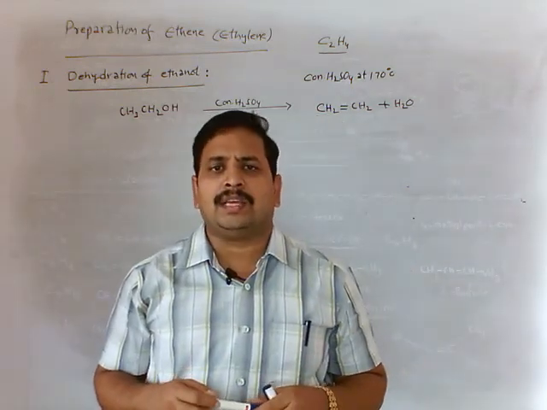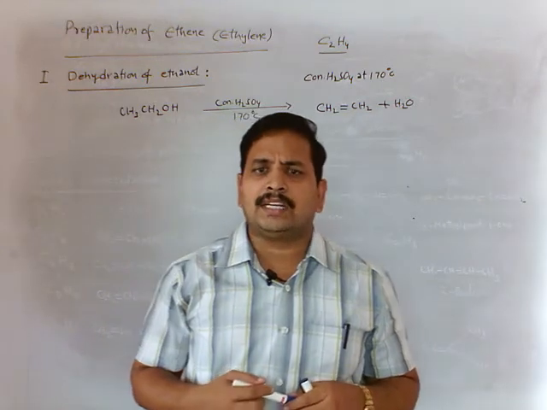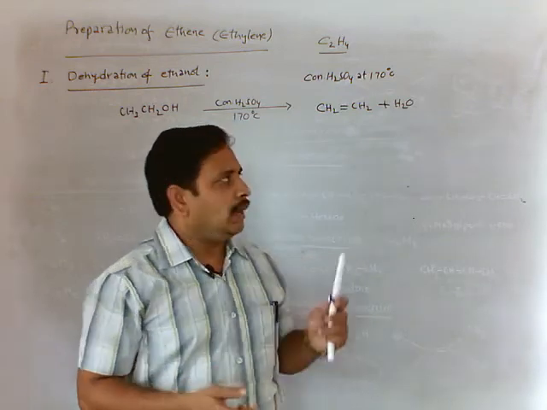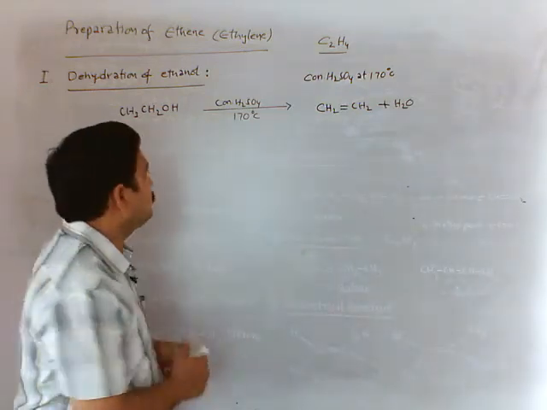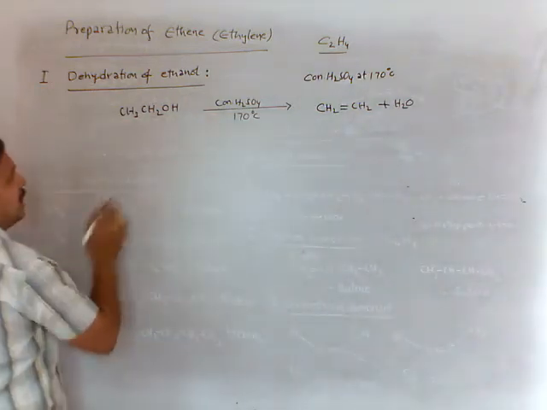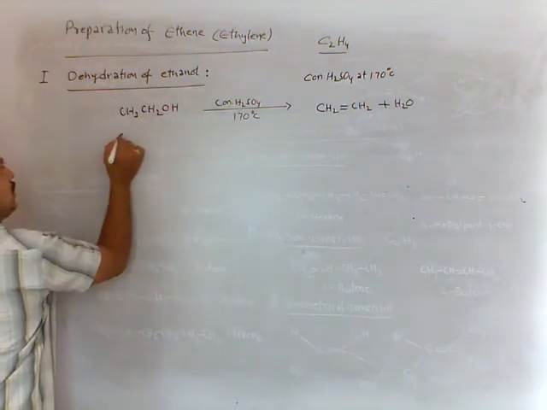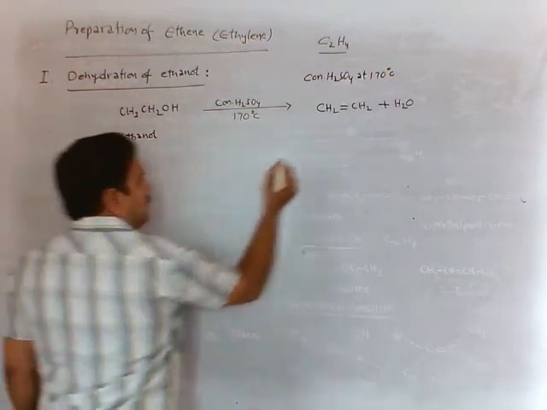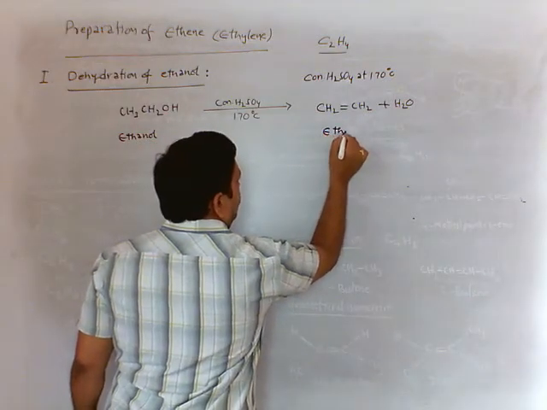Dehydration of ethanol with concentrated sulfuric acid at 170 degrees Celsius gives ethene. Ethene is also called ethylene. This is ethanol. This is ethene.